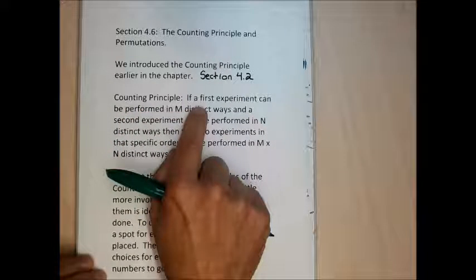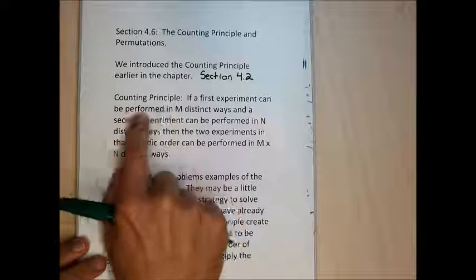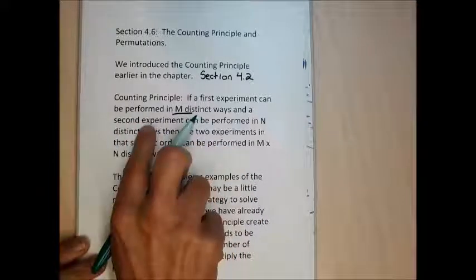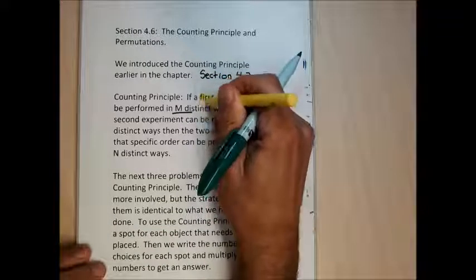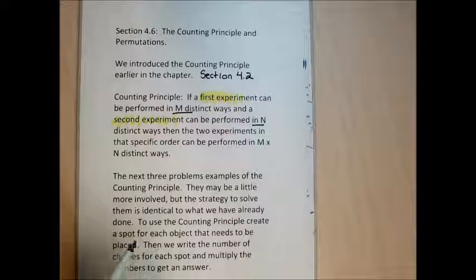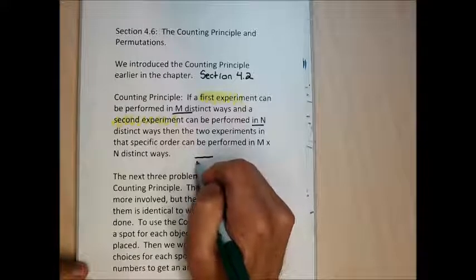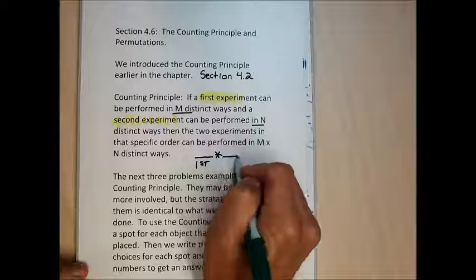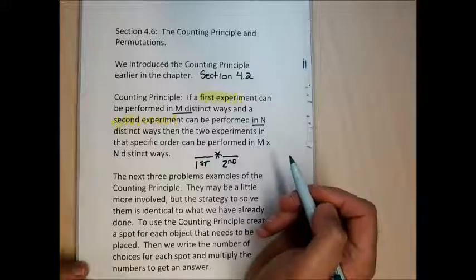Very specifically, the counting principle said if a first experiment could be performed m distinct ways, and a second experiment could be performed n distinct ways, then the number of ways those two experiments can be done in order can be found by multiplying the number of ways each experiment can be performed.